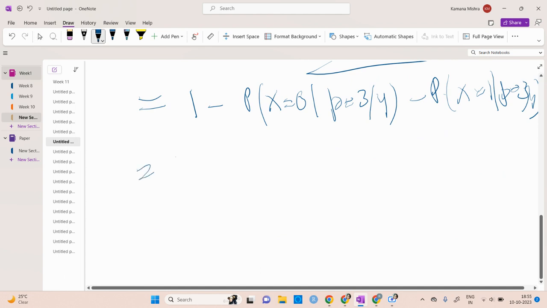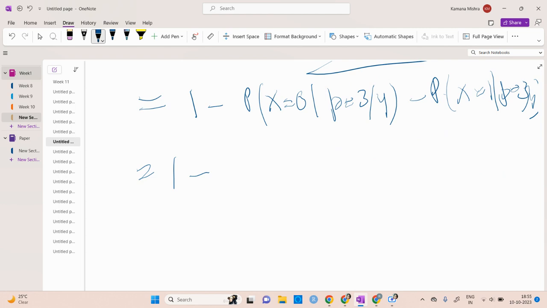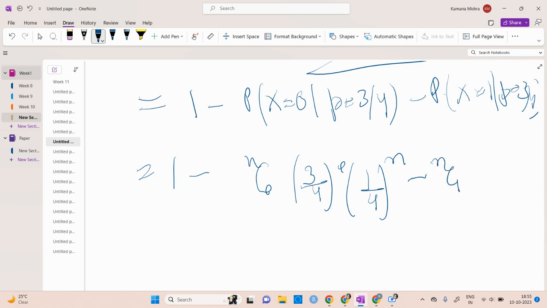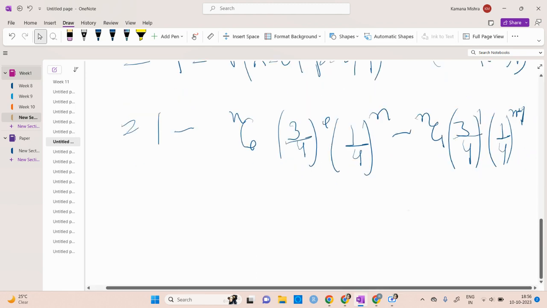So 1 minus x is equal to 0, that means nC0, and then 3 by 4 to the power 0, 1 by 4 to the power n, minus nC1, 3 by 4 to the power 1, 1 by 4 to the power n minus 1. Right?